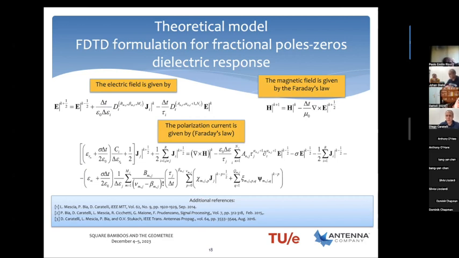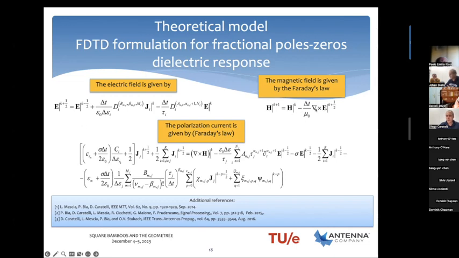It constitutes a system of capital R linear equations, where capital R is once again the number of relaxation terms that we are considering in our model, and the solution can be performed once and then used through the time marching scheme of our FDTD algorithm. By doing so, we can evaluate each polarization current and the electric field.